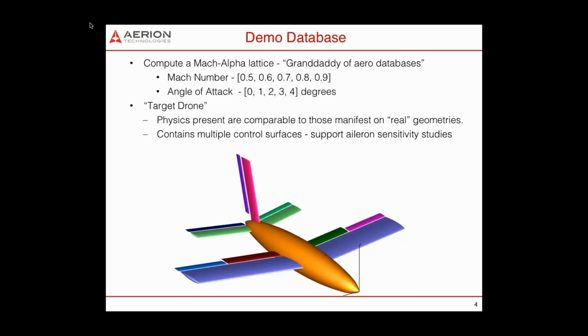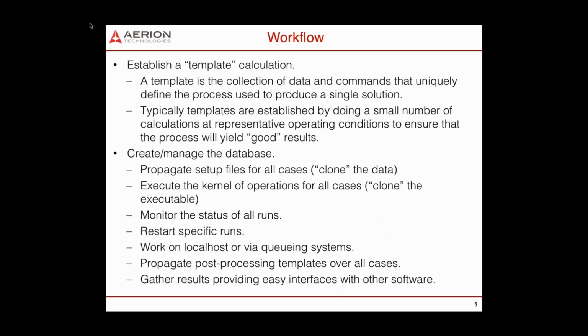We're going to do this on a target drone geometry that's shown there at the bottom. Obviously, this isn't a real geometry, but the physics present on this geometry are comparable to those that manifest themselves on commercial or military geometries that people typically work with in industry or academia. The nice thing about the geometry is that we've also generated some control surfaces on it, so we should also be able to support some aileron sensitivity studies, which will show results from later today.